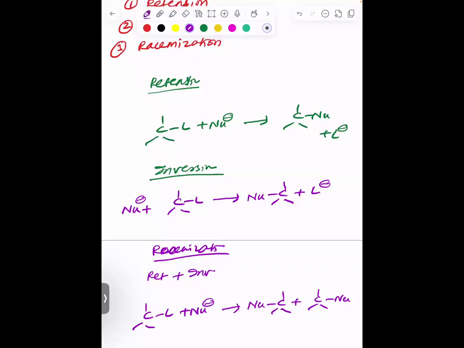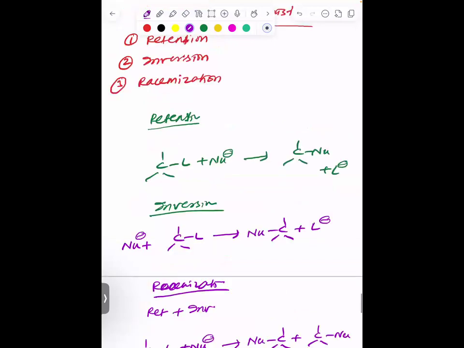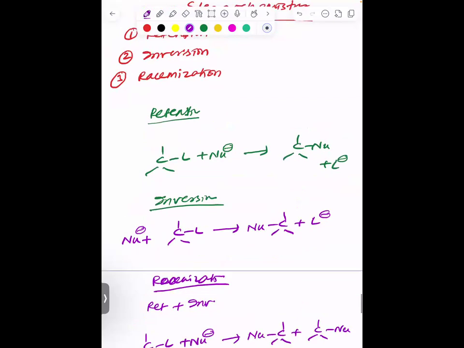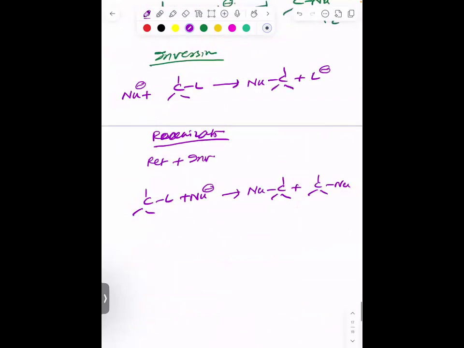In the case of SN1, what is taking place? Will it be retention, inversion, or racemization? We saw in the mechanism that after the formation of the carbocation intermediate, the nucleophile attacks.